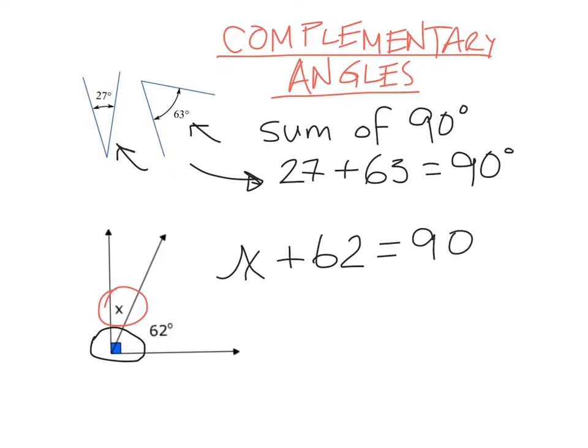Okay, and then we isolate our variable, so we're going to do x equals 90 minus 62, right? Because we know that we've got to take away 62 from this side, so I'm also going to take away 62 to balance it on that side.